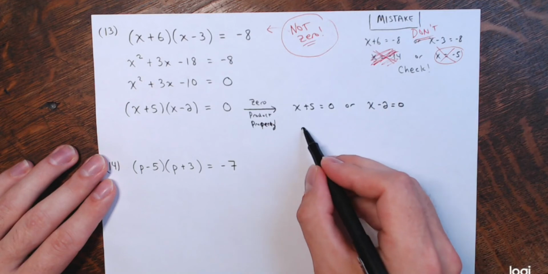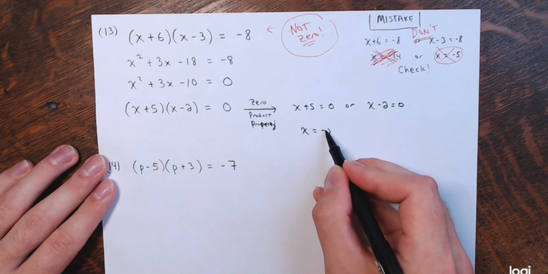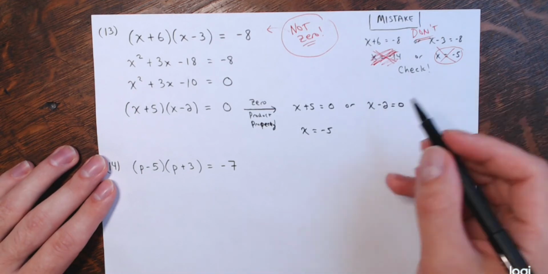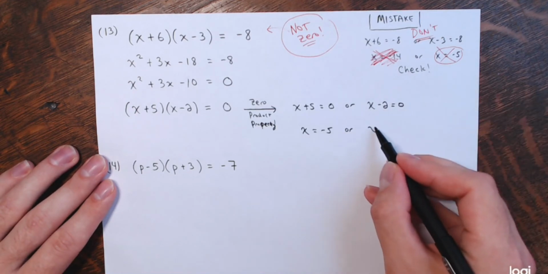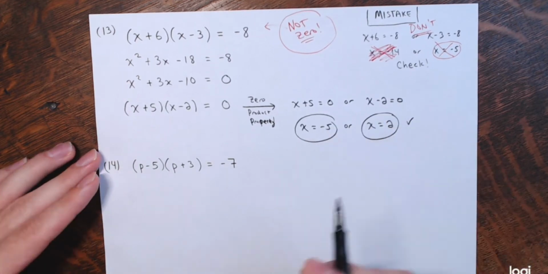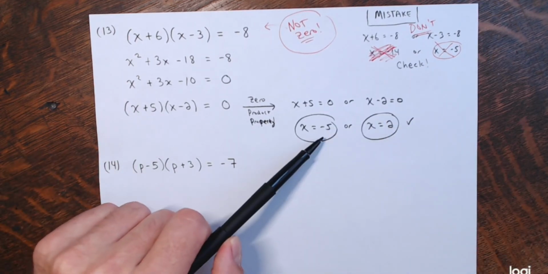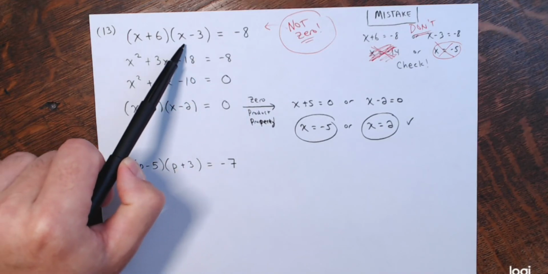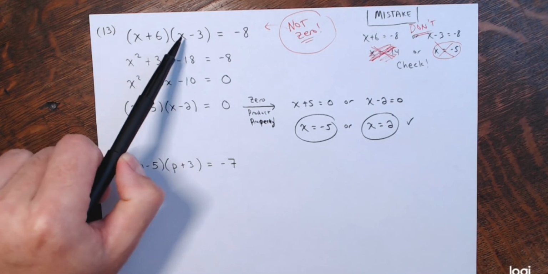And solving each of these, the first one here we get negative 5, which I luckily got earlier. That was a fluke. Or x equals 2, and then check them. Now I'm actually going to check these this time. Negative 5. Now we saw negative 5 works. Negative 5 plus 6 is 1. Negative 5 minus 3 is negative 8. 1 times negative 8 is negative 8.